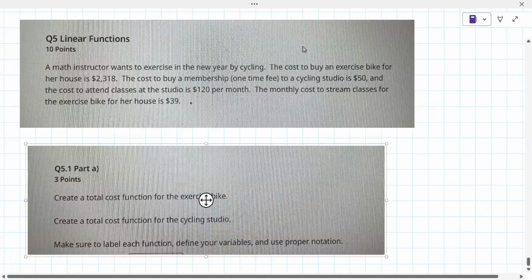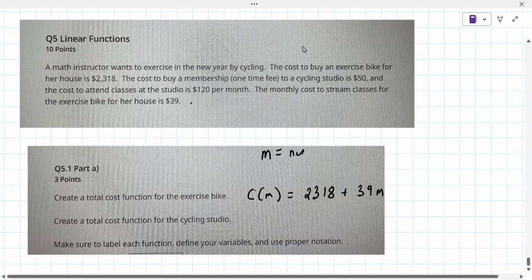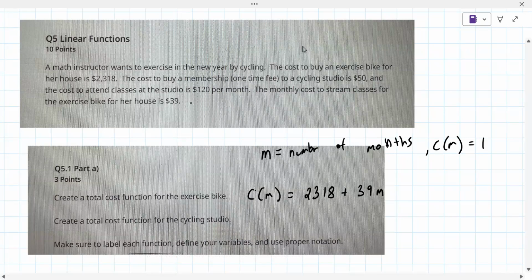So you might write it this way: C of M, cost per month, is 2,318 plus 39 M. And you do want to say M is the number of months, and C of M is the total cost in dollars.